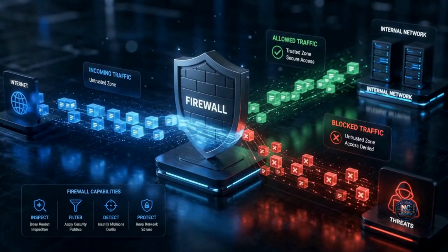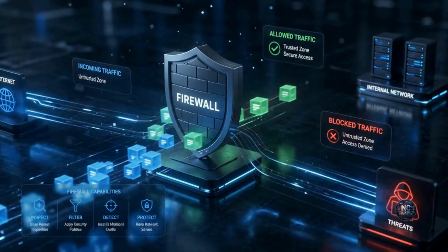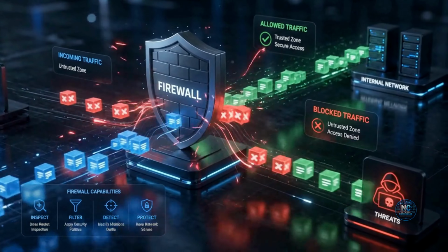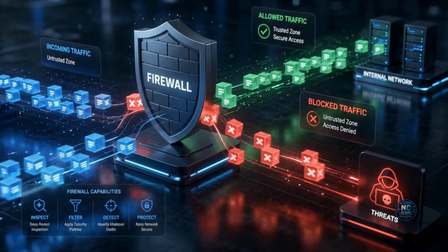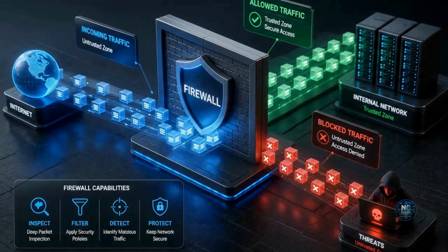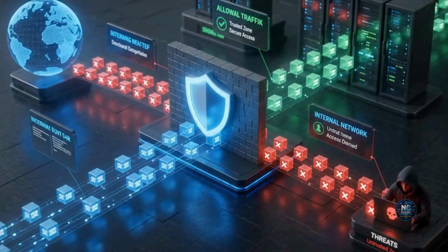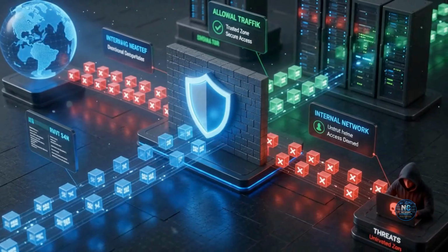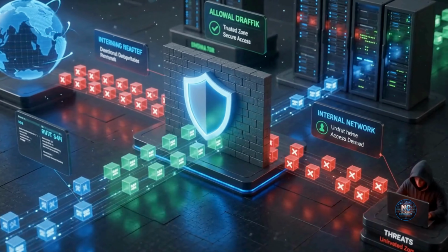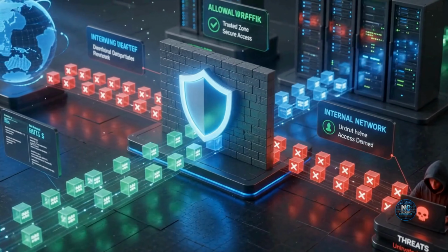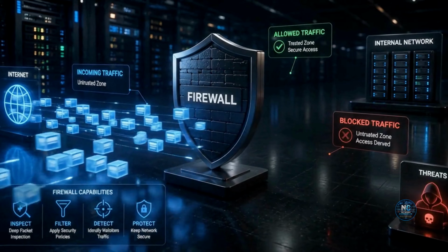At home, this often lives quietly inside your router, filtering out obviously malicious traffic without you ever noticing. In an enterprise environment, the firewall becomes one of the most critical devices on the entire network, a dedicated appliance sitting at the edge, enforcing strict rules about exactly what's allowed to enter and leave.